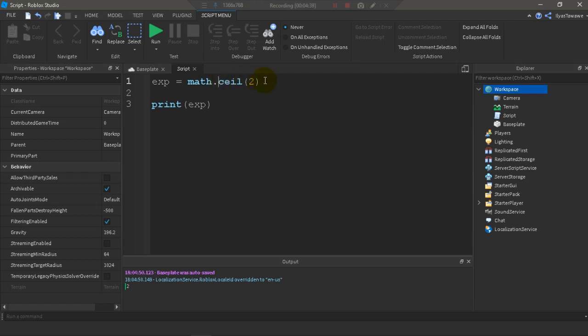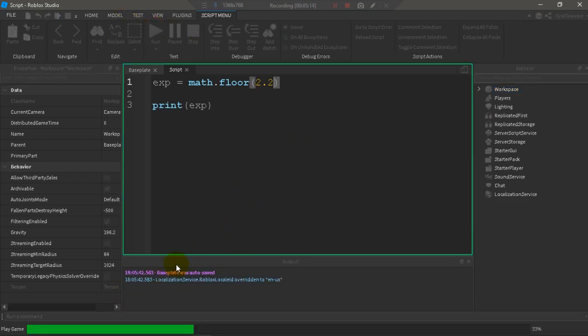So we have math.ceil and math.floor. Math.floor is the same thing, it's rounding to an integer, but this time, in math.floor we round down. So for example 2.2: in the last test we got 3, and now let's see what we're gonna get.